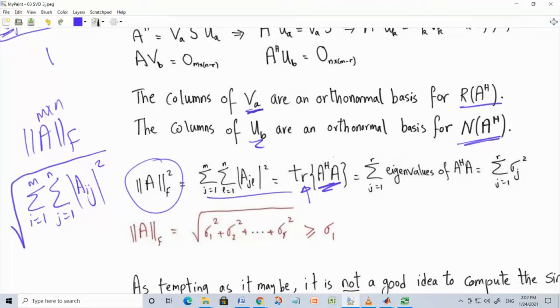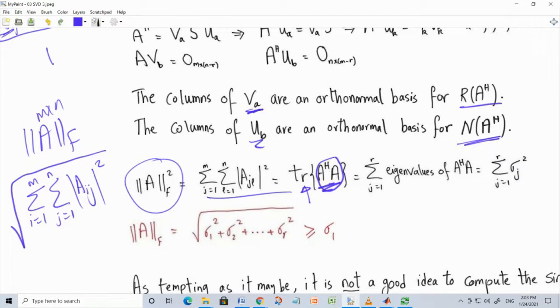Now the trace of any matrix, here A Hermitian A, is the sum of the elements on the main diagonal, but you can also relate it to the eigenvalues. The trace of a matrix is the sum of its eigenvalues.